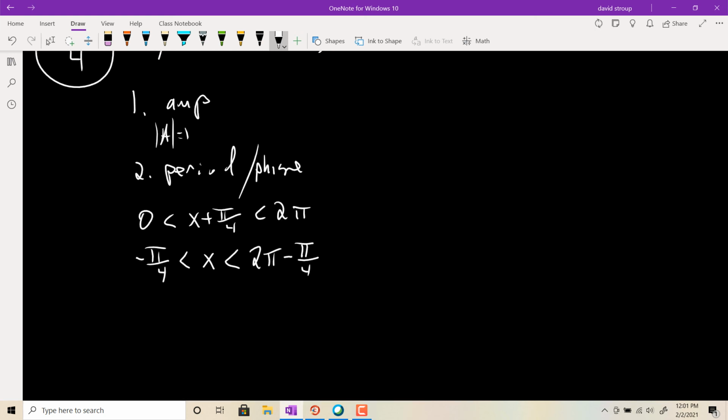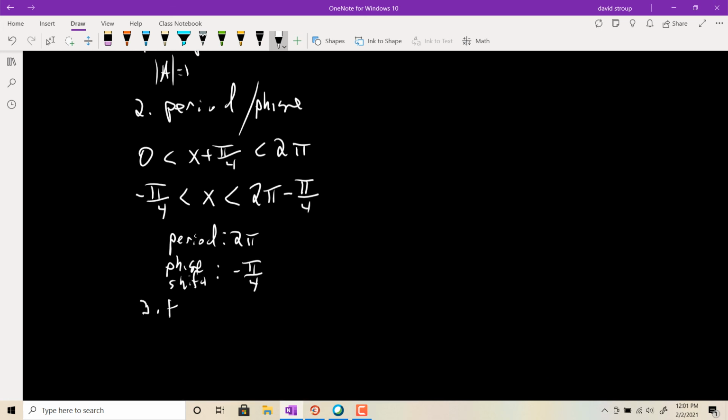So the period is still just 2 pi, and the phase shift, or the starting point, is negative pi over 4. Finally, the key points. It's always the starting place plus the period divided by 4. So in this case, that's it.